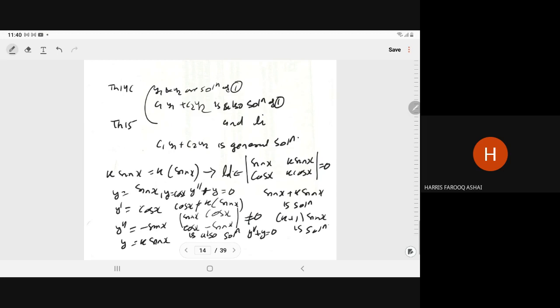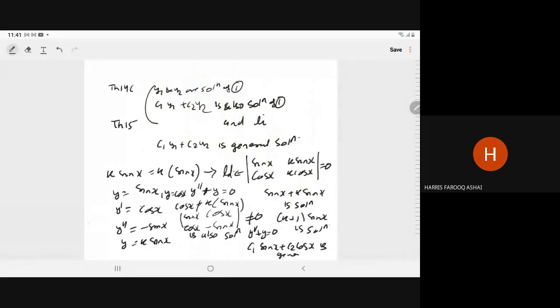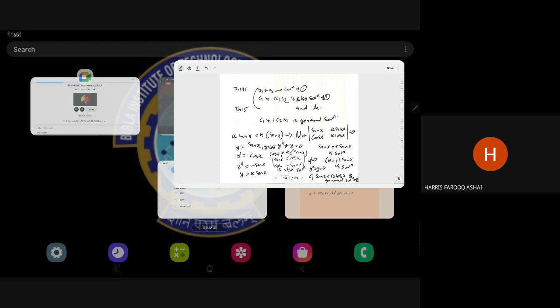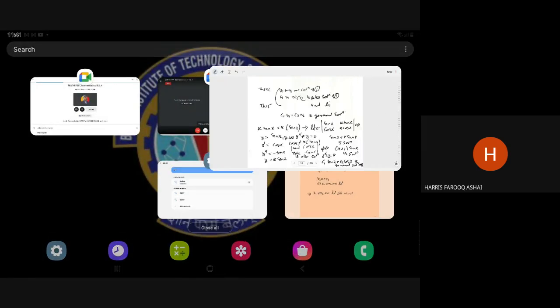So it is not identically 0. So we can say sin x and cos x are LI solutions. So c1 sin x plus c2 cos x is the general solution of the first. That is the logic. Clear? What is the difference between theorem 14 and 15?